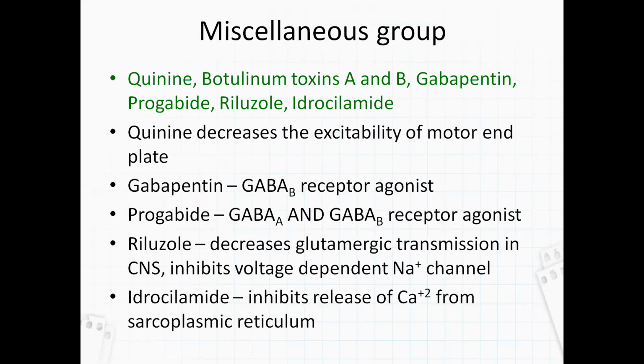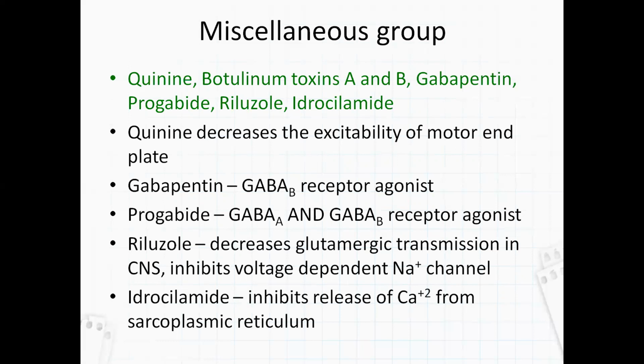Now coming to the miscellaneous group of skeletal muscle relaxants. This miscellaneous group contains quinine, botulinum toxins A and B, gabapentin, progabide, riluzole, hydroxylamide. This quinine, how it acts is it decreases the excitability of the motor end plate on that neuron, due to which the contraction will not be happening.